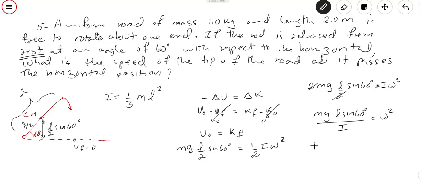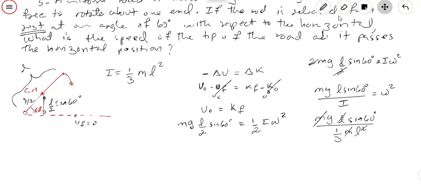So I can say mass gravity L sine of 60 degrees divided by 1/3 mass L squared. We cancel the mass out, we simplify this L with this one, right? Of course, this is equal to W squared. So W would be the square root. We flip the 3, so we get 3 gravity sine of 60 degrees divided by L.